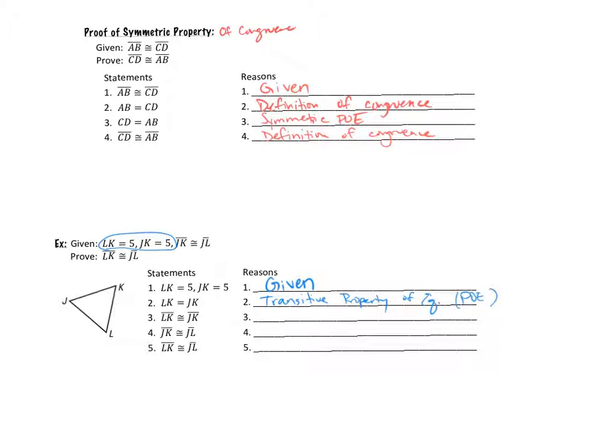Statement 3, that segment LK is congruent to segment JK, uses our definition of congruence to go from the lengths of two segments being the same to saying that they are congruent.